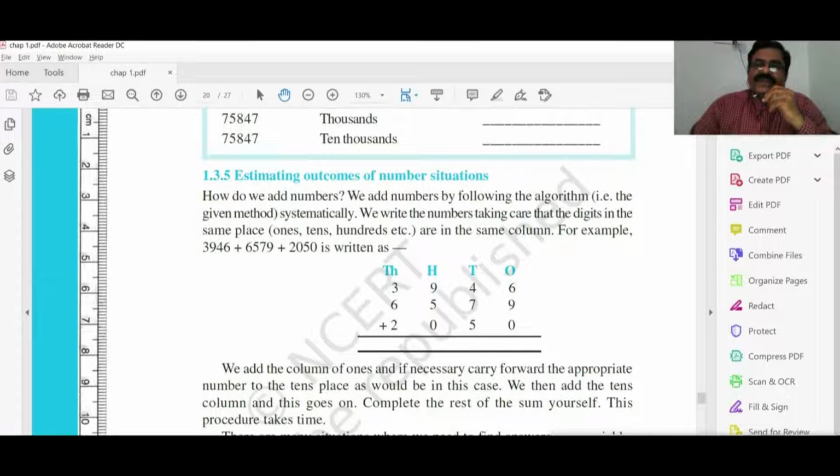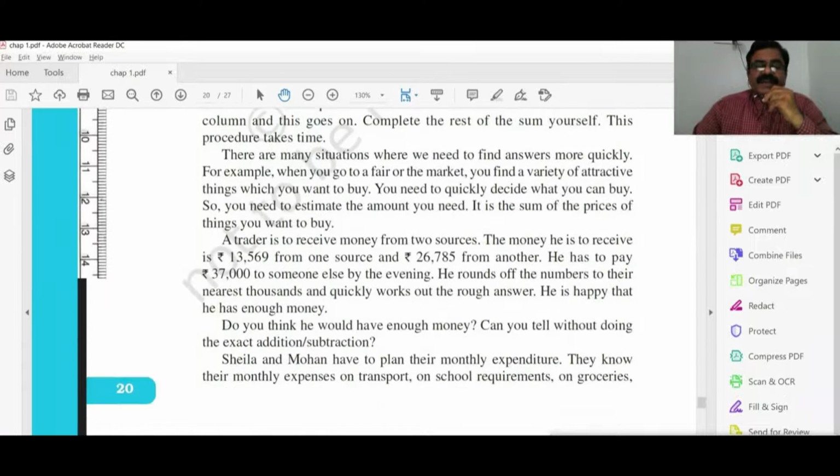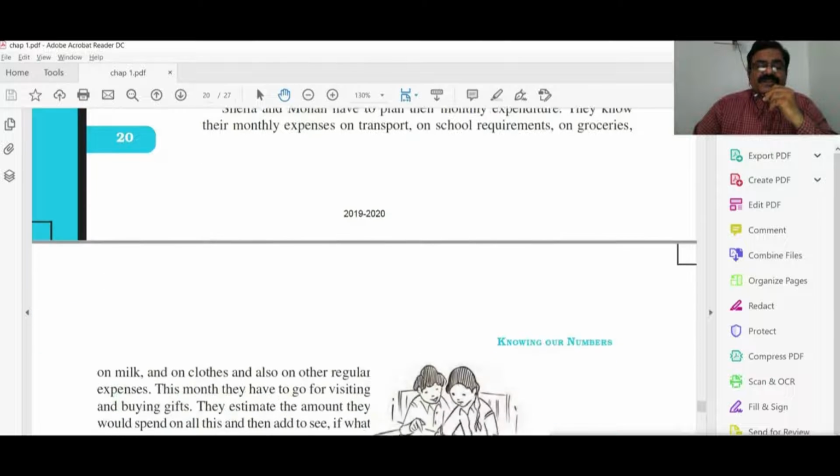If it is 500 or more in the ones, tens and hundreds places, the next 1000 will be taken. You can take examples and solve the questions.